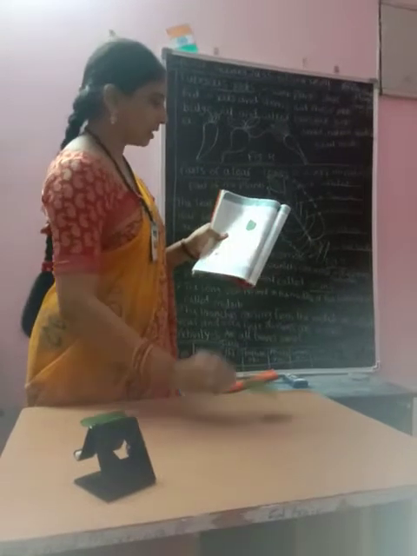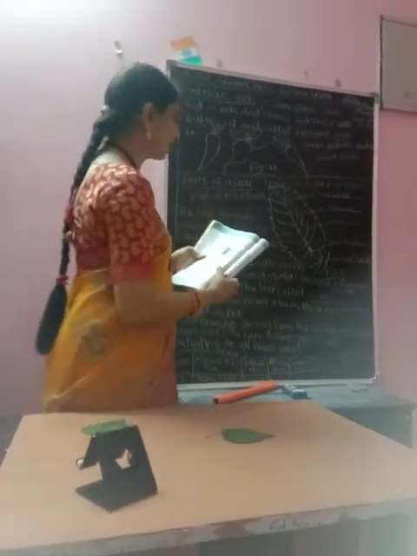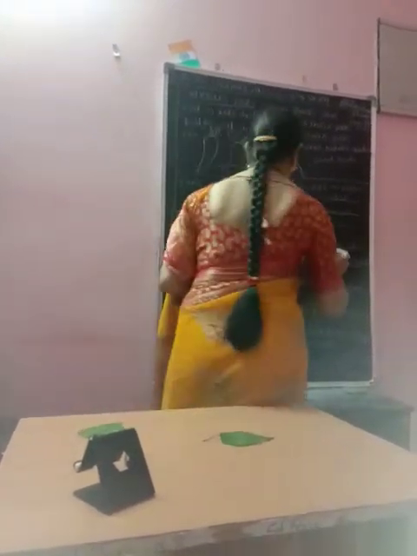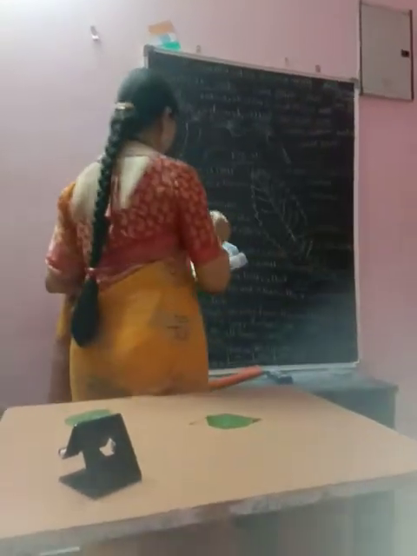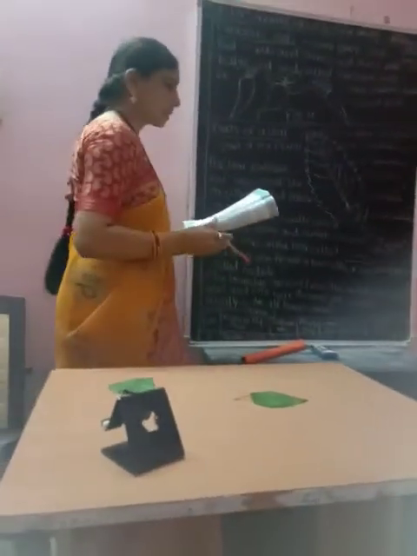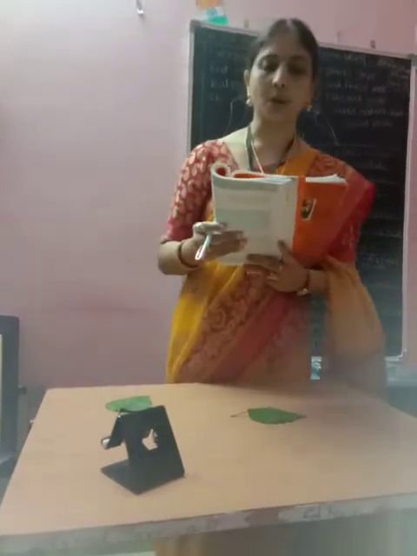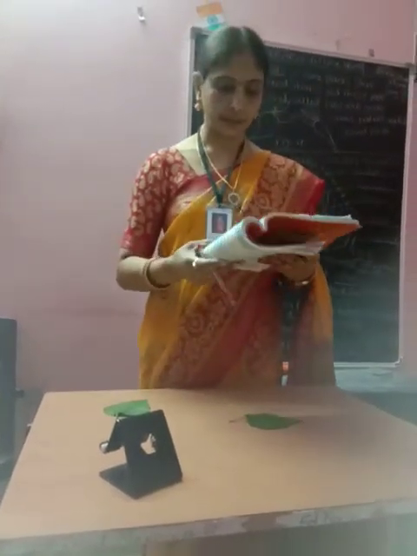And what are the parts in figure 5? You can write down here. First is the midrib. Leaves are important parts of plants.